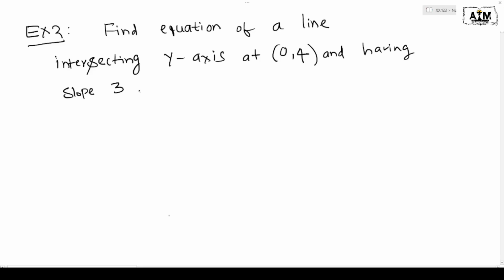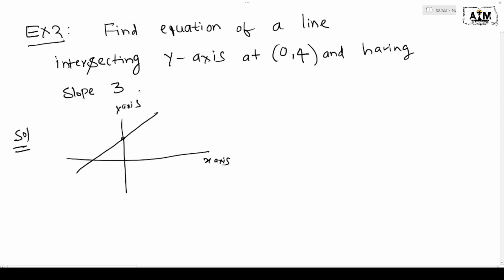Example 2, find the equation of a line intersecting the y-axis at (0, 4) and having slope equal to 3. Solution. First of all, let us draw the rough diagram. X-axis, here is the y-axis, and the line is cutting the y-axis at (0, 4).